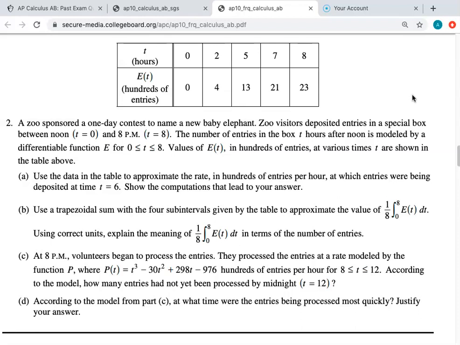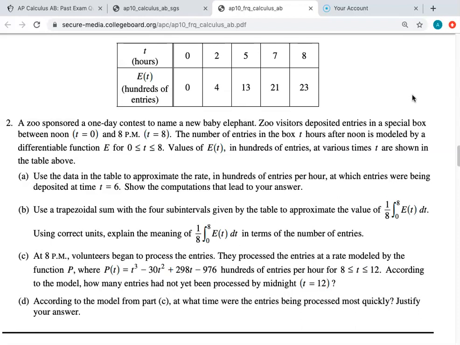Part B. Use a trapezoidal sum with 4 subintervals given by the table. Are these even widths, equal widths? No. So you're going to have to do each trapezoid separately, width times sum of the heights. You pull the half out, but that's all you can pull out. To approximate the value of 1/8 times the integral from 0 to 8 of E of t dt.